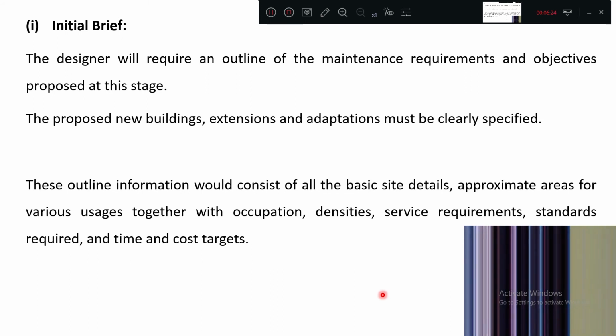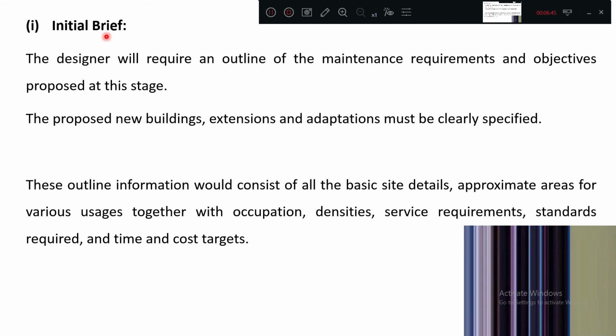Cost target within 10,000, we are going to do this, like that. All this information is included in the initial brief. This is called the first stage of maintenance information system development, development stage 1. He is going to collect the information.